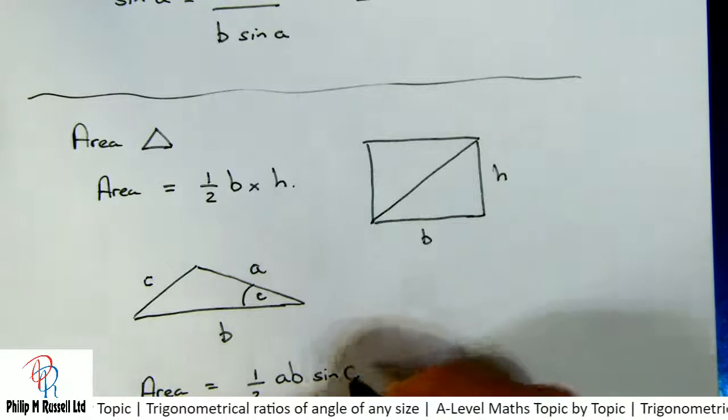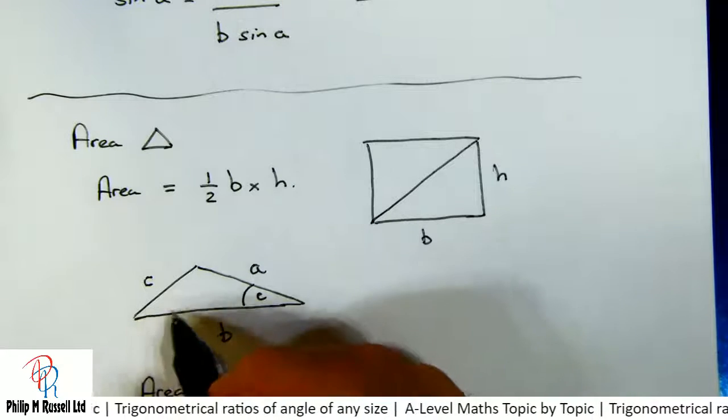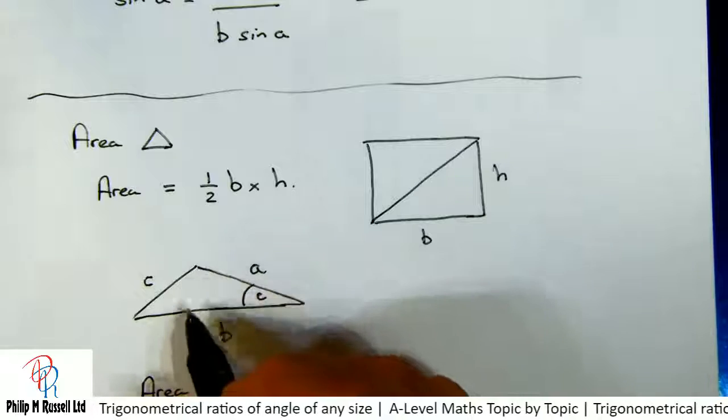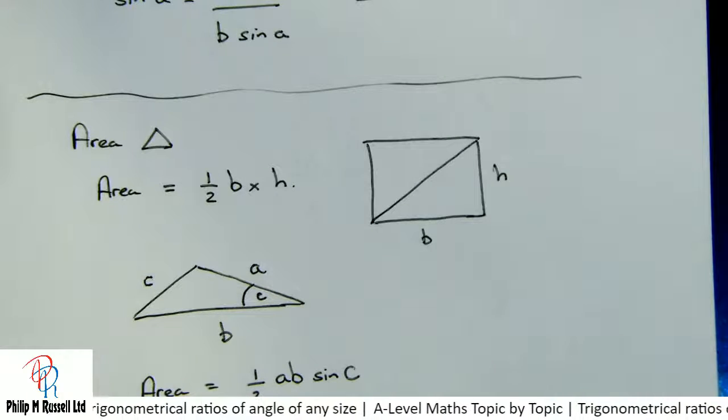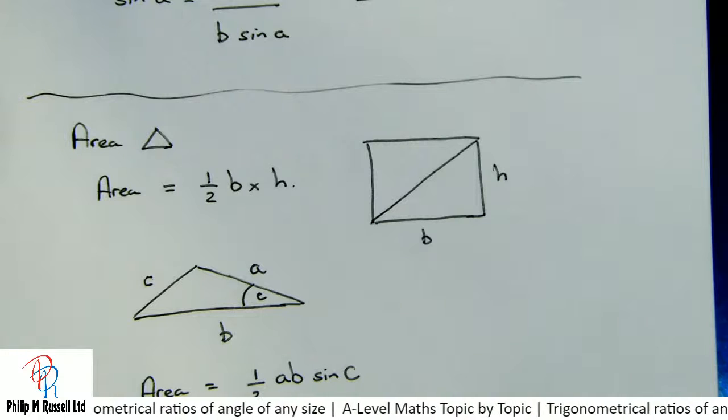And the larger this angle, basically the larger, the higher this line is going to be. So it's going to be sort of a proportion of this.